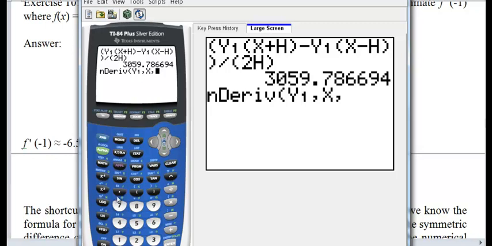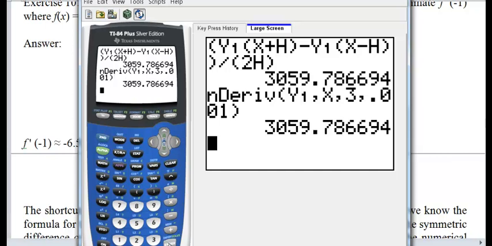And the third thing you put in is the a value, where you want the derivative taken. And the last number you put in is the h value. So this should give me, watch what happens. Bada bing, the same thing that we had before. So notice that the numerical derivative is actually doing a symmetric difference quotient.